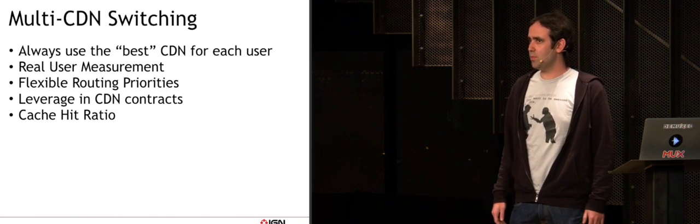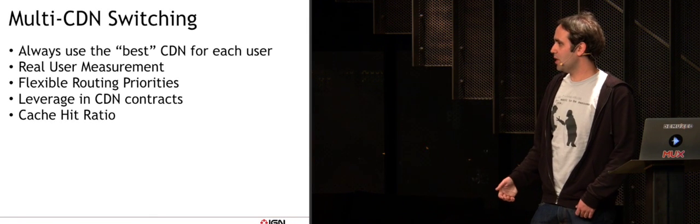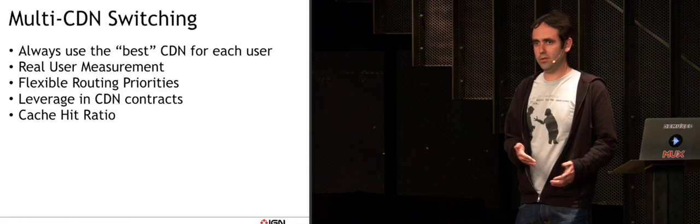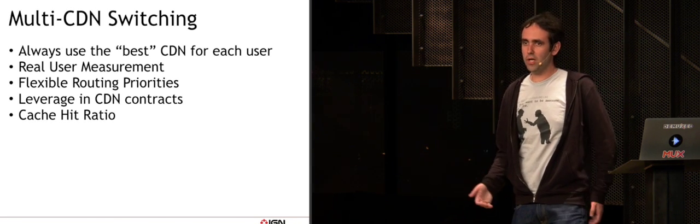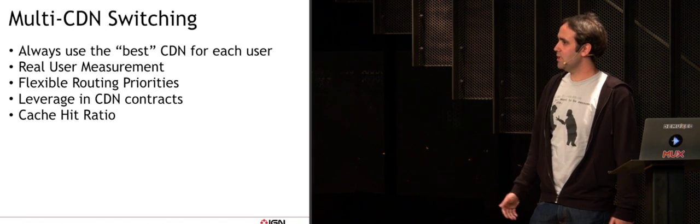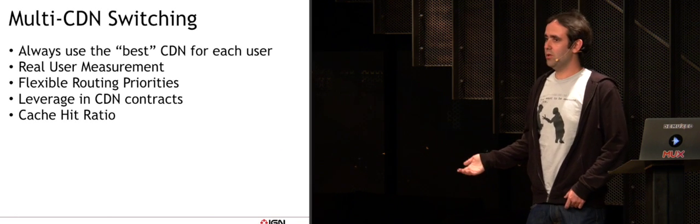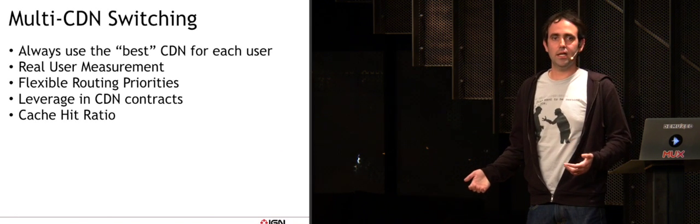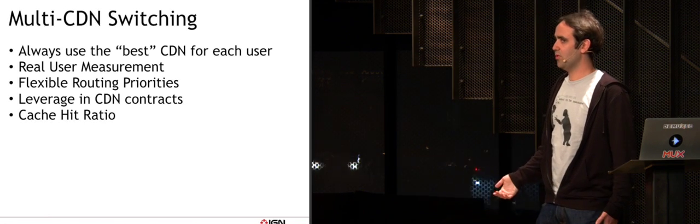With adaptive streaming, throughput is probably one of the next most important criteria, making sure that you're getting data to your users at the highest bandwidth and highest bitrate possible. But then other factors, like live latency, could potentially be a concern. And then also looking at your CDN contracts and balancing how much data you're sending between different CDN providers.